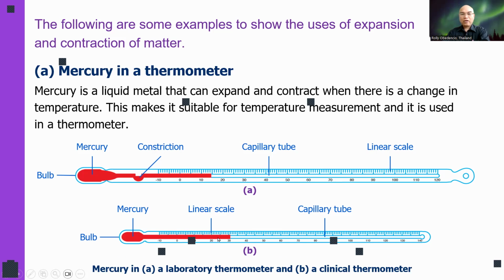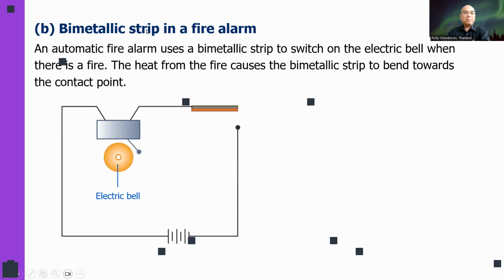Now, what about the bimetallic strip in a fire alarm? Here's a bimetallic strip. An automatic fire alarm uses a bimetallic strip to switch on the electrical bell when there is fire.